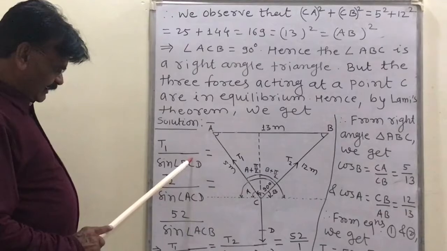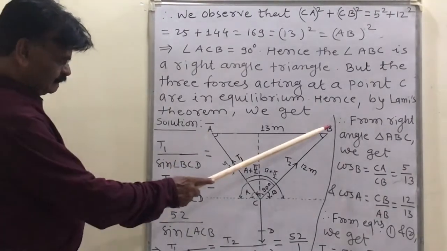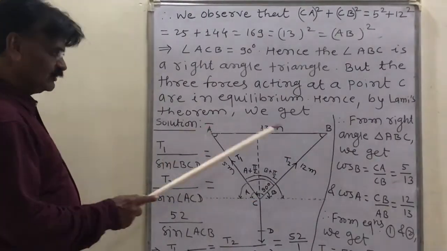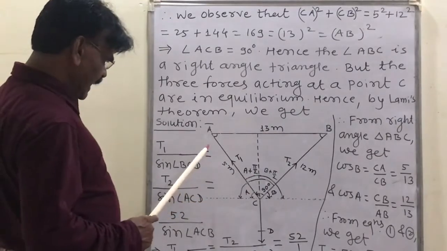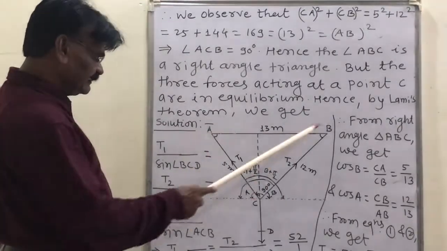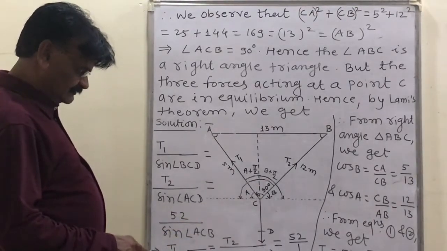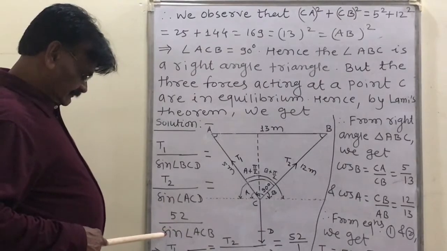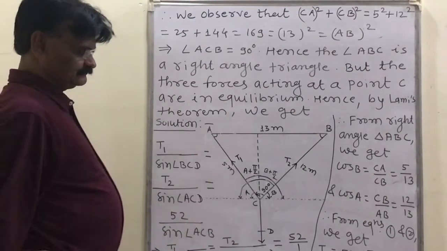T1 divided by sine angle BCD is equal to T2 divided by sine angle ACD, which is equal to this force downwards, that means weight 52, divided by sine angle ACB.